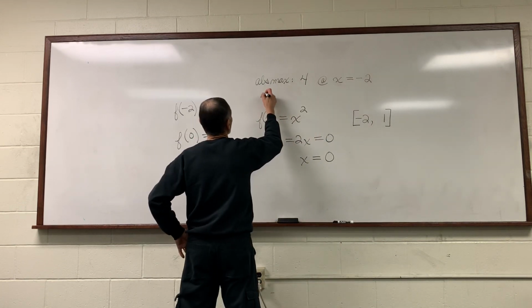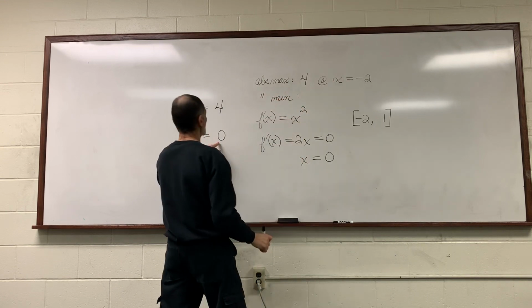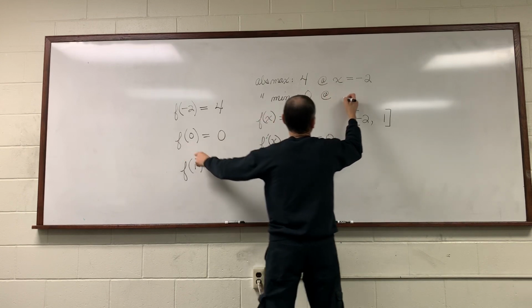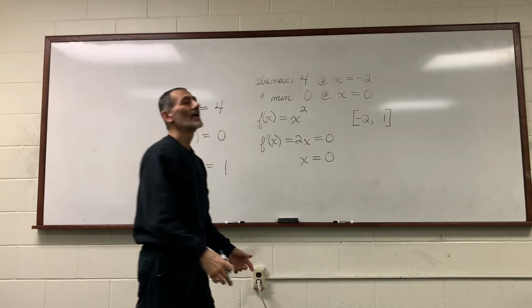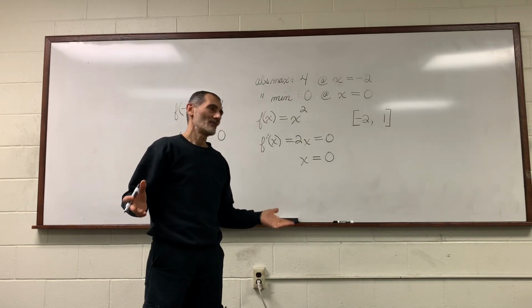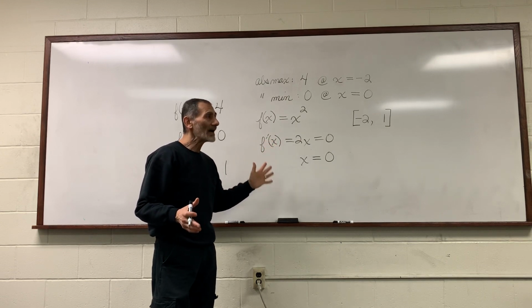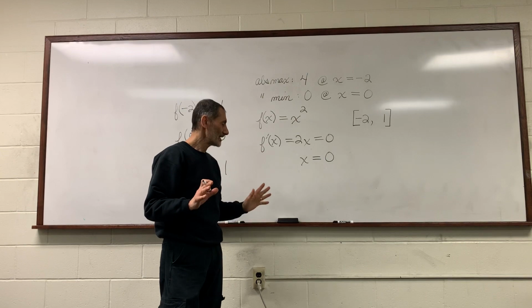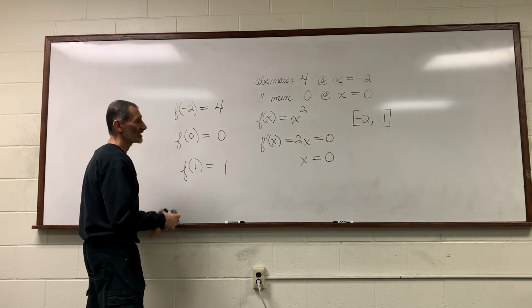Our absolute minimum is 0 at x equals 0. It's that simple. Now, granted, this was an extremely simple example, but the procedure is the same for any function over any interval. So let's try something a little bit less boring.